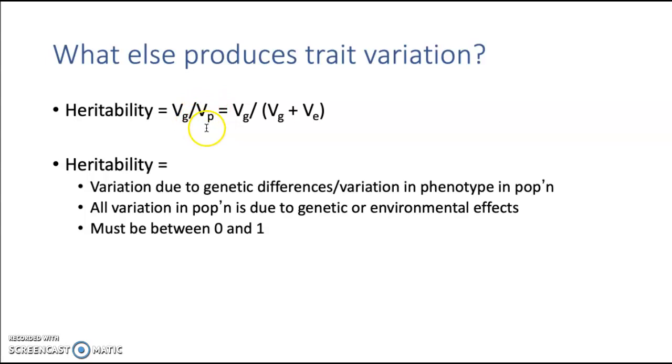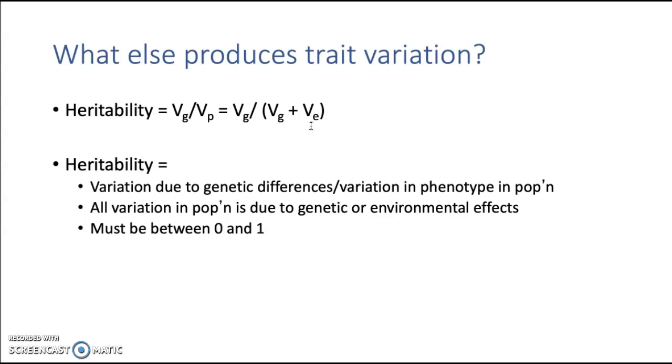And total phenotypic variation is a function of both genetic differences and environmental differences, or variation due to environmental differences.